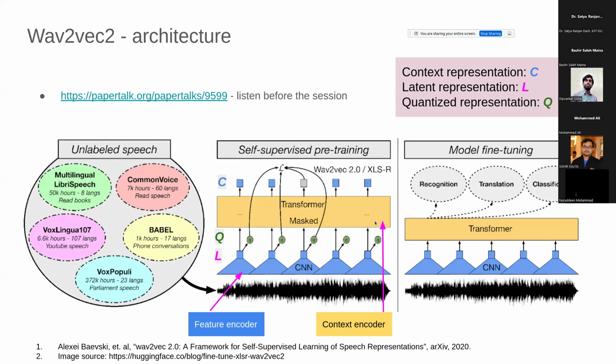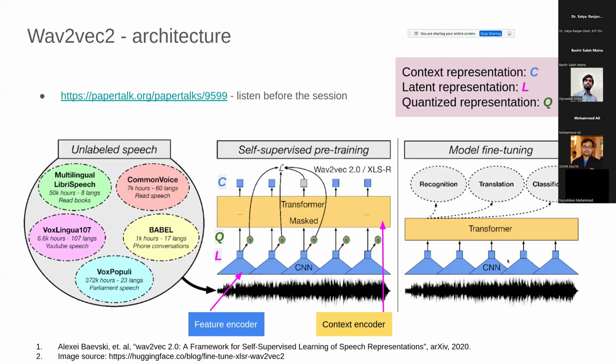Diversity loss is about how to get the quantized vectors, because they use a codebook to generate these quantization vectors, and then which code from the codebook they take. So they have some kind of loss function in that also, apart from this contrastive loss.